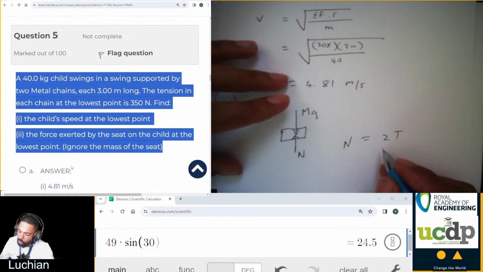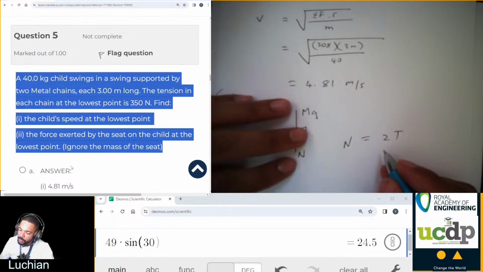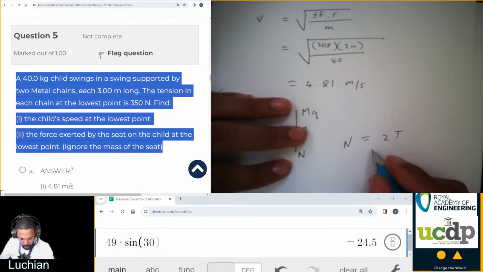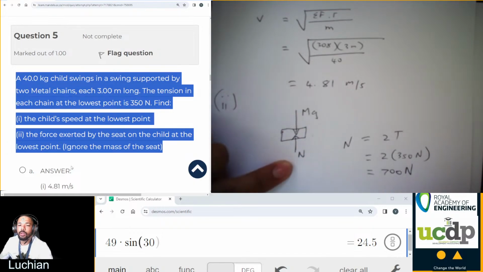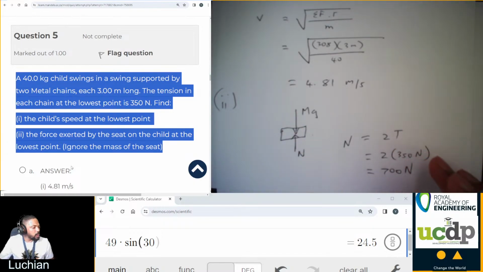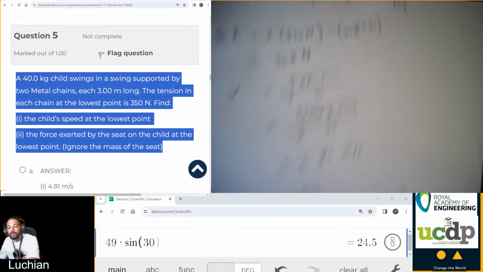The normal force is equal to 2 times the tension. It must match its weight. And that is just 2 times 350 newtons, which is just 700 newtons. So the force exerted by the seat on the child, which is the normal force, is just 700 newtons.